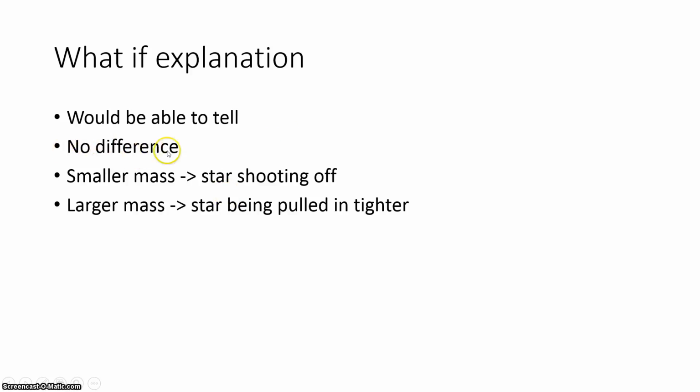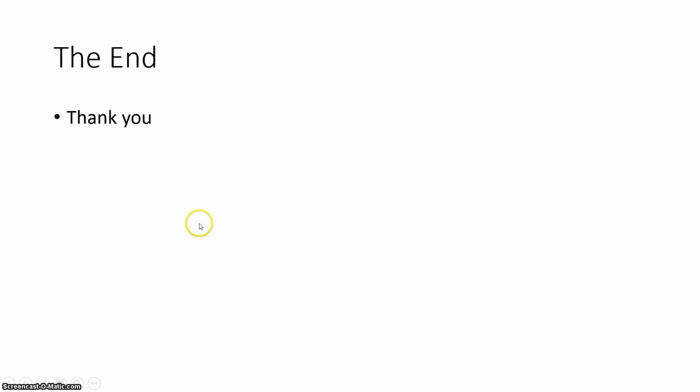But the way we would be able to tell if the mass was smaller or larger would be, if the mass was smaller, the star would just shoot off. It wouldn't be held in the same orbit and would go farther away from the black hole. And if the black hole's mass was larger, the star would be pulled in tighter, and then it would keep going around the black hole until it reached the center and got sucked in completely. Alright, that's it. Thank you very much, and I hope you enjoyed this presentation.